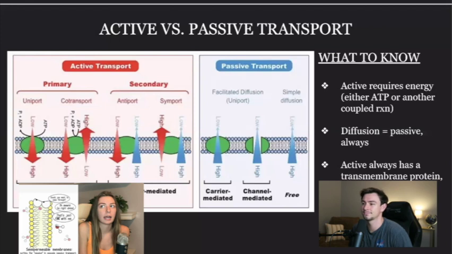With the symport, you can think of it like sneaking your friend in at a party. At frat parties, all girls are invited, girls get in free. So there's a high concentration of girls outside, and they can easily get inside to where there's a low concentration of them.